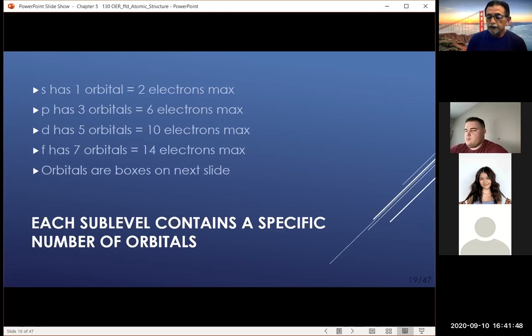The d has 5 orbitals, and each one can handle 2 electrons. So at the most, for the d orbitals, we can put in 10 electrons. And for the f, there are 7 orbitals of the f. And each one with 2, we can put in a maximum of 14 electrons into the f orbitals, okay?